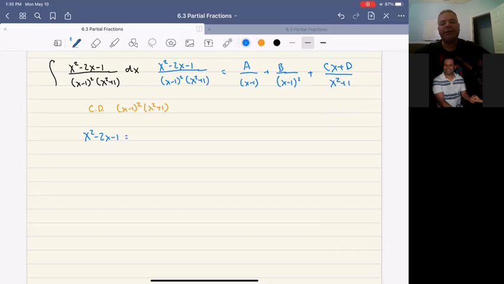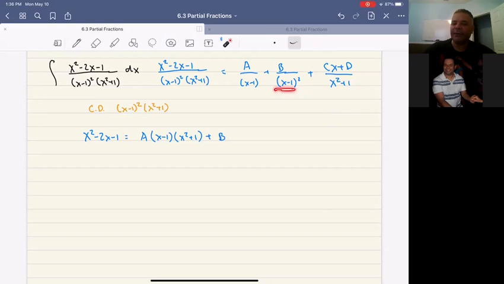x squared minus 2x minus 1 equals a times. Now, a already has an x minus 1, but we need two of them. So we're going to have x minus 1 times x squared plus 1, plus b. Now, b already has an x minus 1 squared, so we're going to need that x squared plus 1.